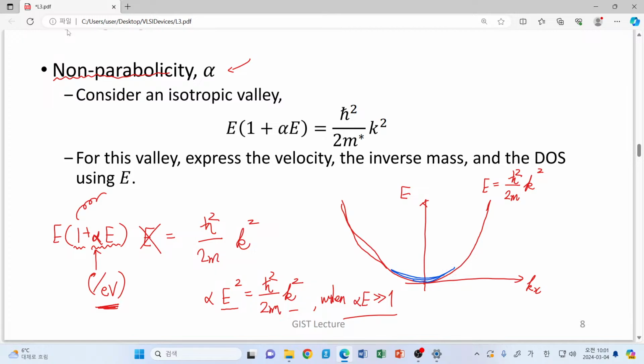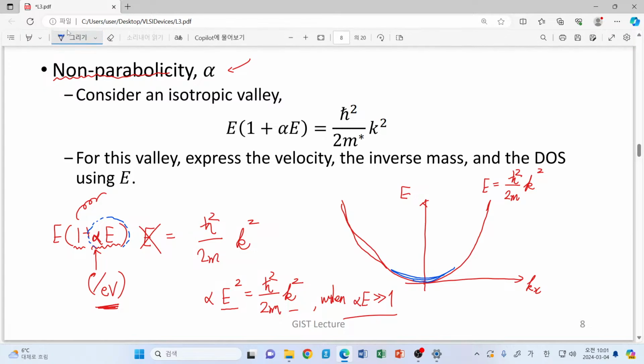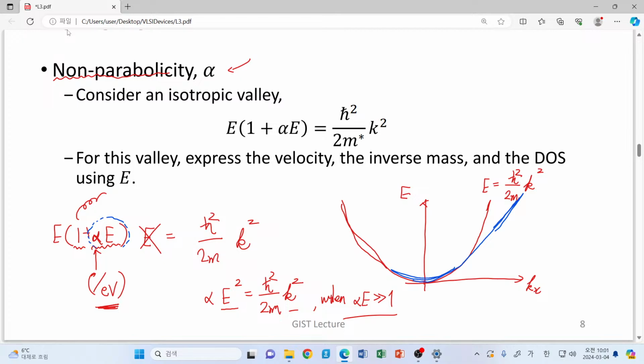behavior, because in this case this alpha E does not contribute to anything, since it is a second order thing. However, if we go to high energy, then it just looks like this. Wow, so sorry about that. My drawing is really ugly.